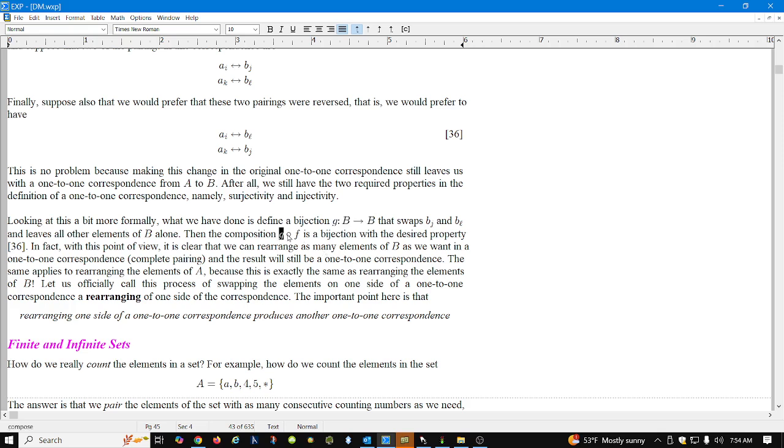Then this composition is what we want. It swaps those two pairings and leaves all the other pairings alone. And the composition of two bijections is a bijection.